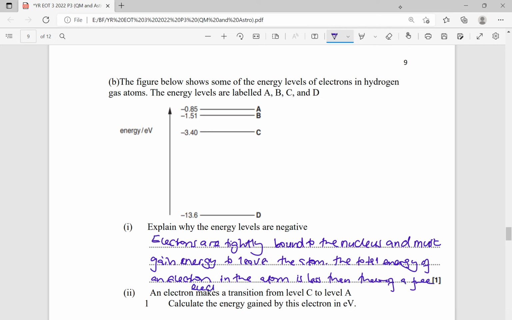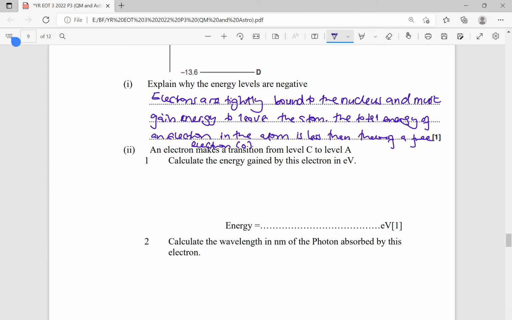Remember, for a free electron, the energy is 0, and yet electrons are tightly bound to the nucleus. Therefore, they must gain energy to leave the atom. So when they leave the atom, they are gaining energy. But for a free electron, the energy is 0. That means elsewhere it should be less than 0. That's why it is actually negative.